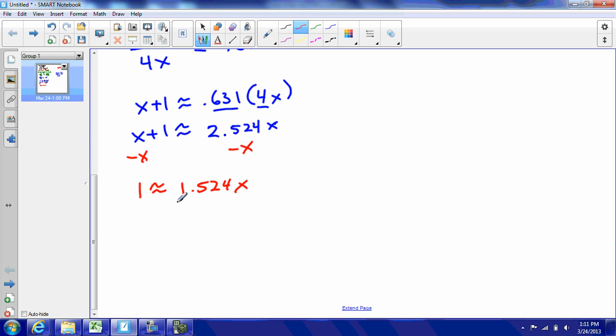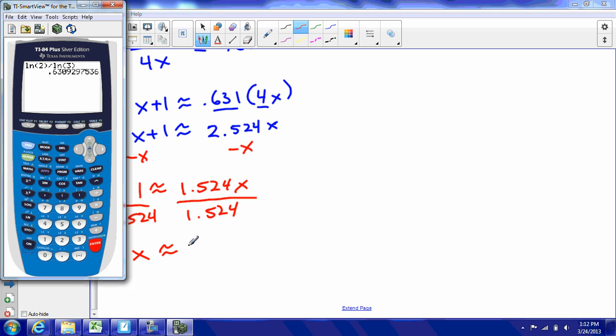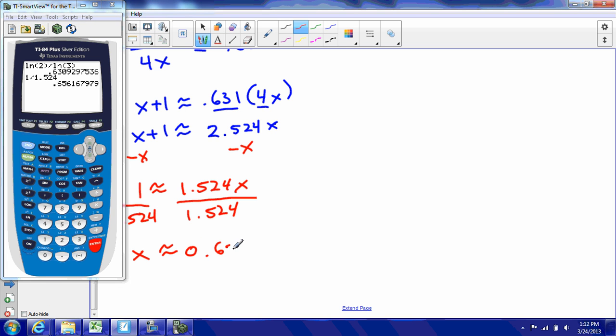And now if I divide both sides by 1.524, I get x is approximately equal to 1 divided by 1.524, which is 0.656, which is in fact the answer.